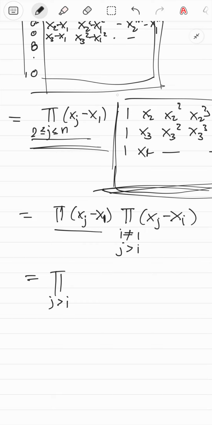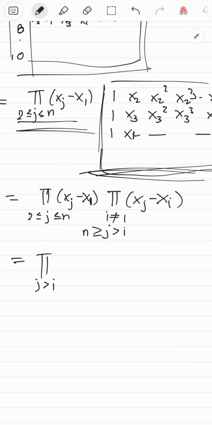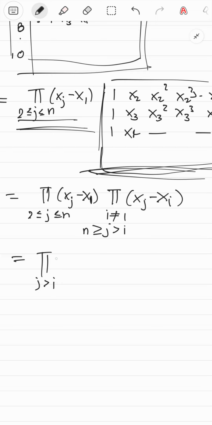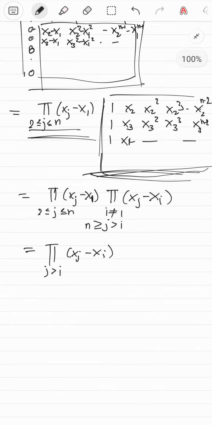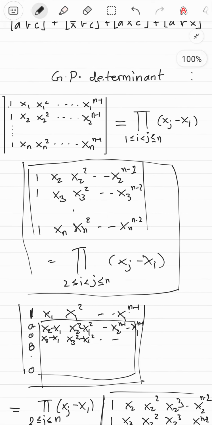Notice over here j will of course be bigger than i, because j starts off at 2. Makes sense. So now combining these products, you just get the product over j bigger than i of xj minus xi, where the limits are the usual thing. So here you go, we proved this statement in that case.